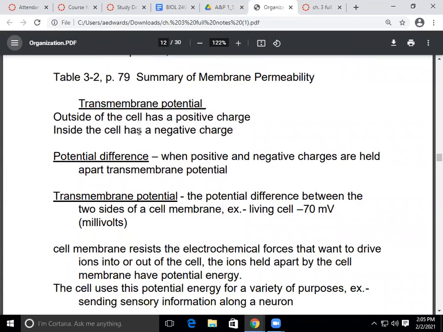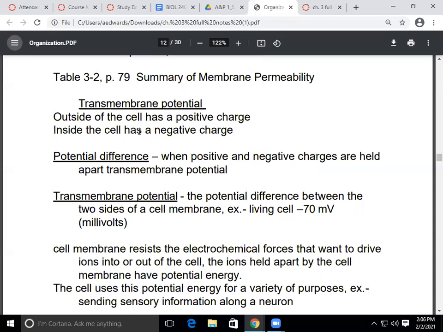We also talk about characteristics of the membrane in terms of its potential, and it has to do with charge. Typically, the outside of the cell has a relatively positive charge, and inside the cell is relatively negative. That's going to be important, particularly when we get to the nervous system. You have a potential difference when you have a difference in charge on either side of the membrane.